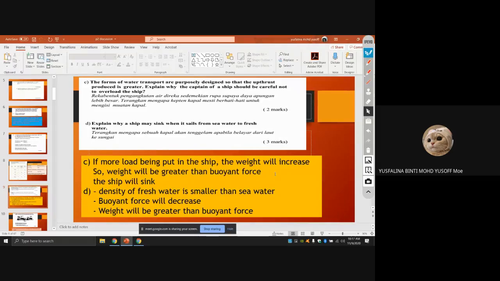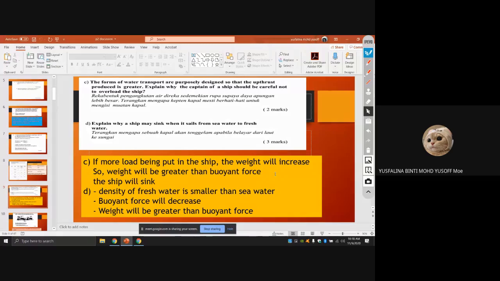It will keep increasing until the weight is greater than the buoyant force, so the ship will sink. This is why the captain should be careful.